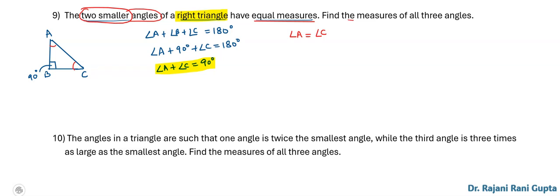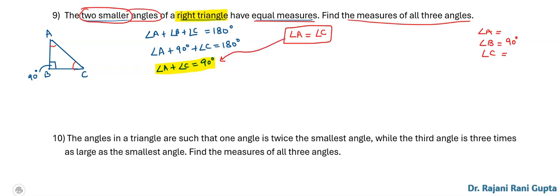Then you have to find the measure of all three angles. So it means you have to find the value of angle A, angle B and angle C. Angle B we have already assumed to be 90 degrees because it's a right triangle. Now using angle A equal to angle C, we get angle A plus angle A is equal to 90 degrees.